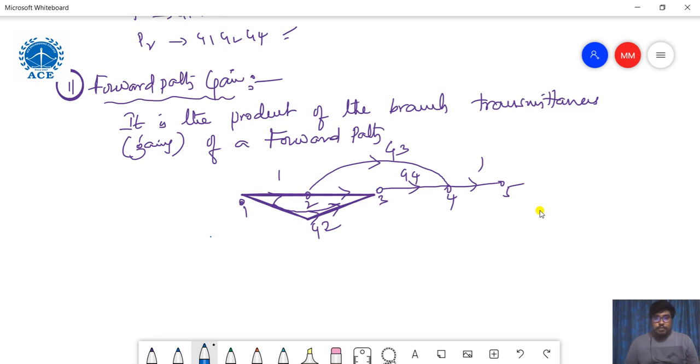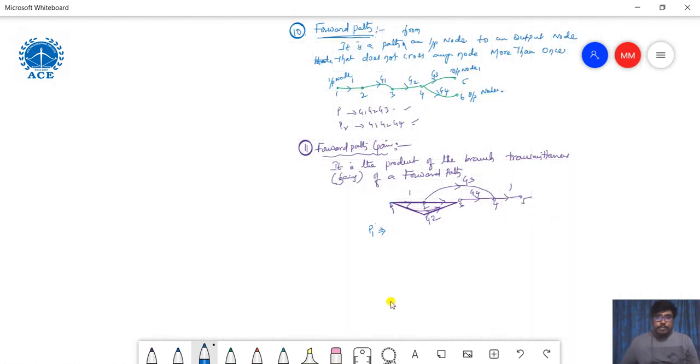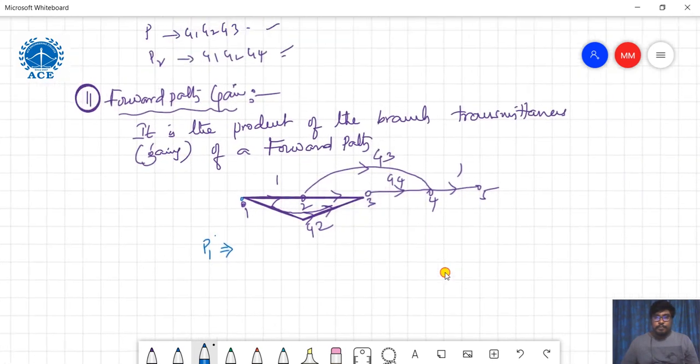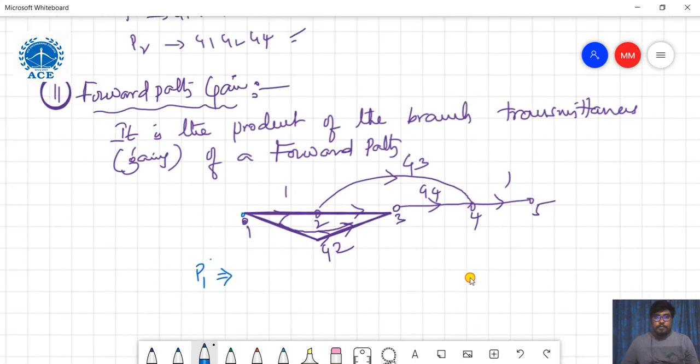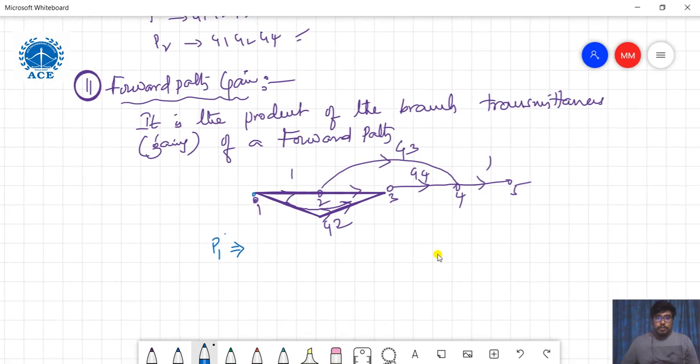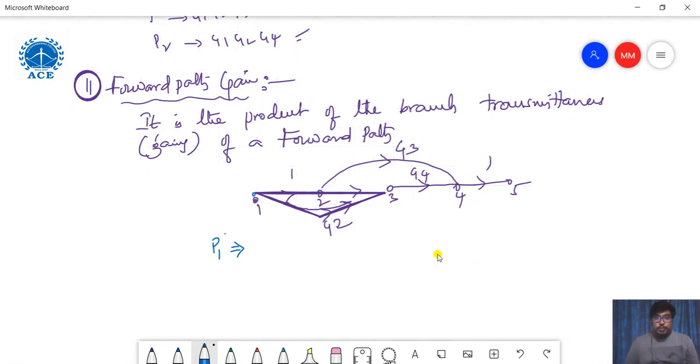In this case, if I take first forward path, suppose this is a P1, so I can name it G1.